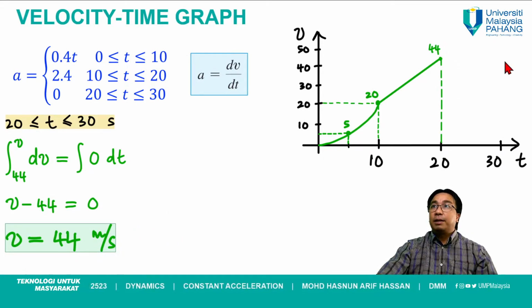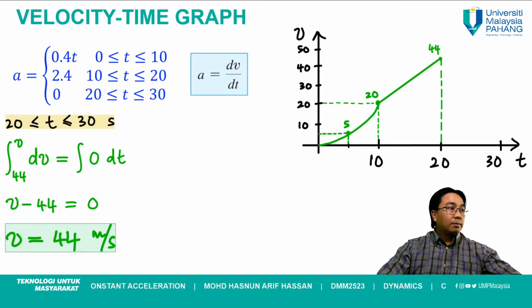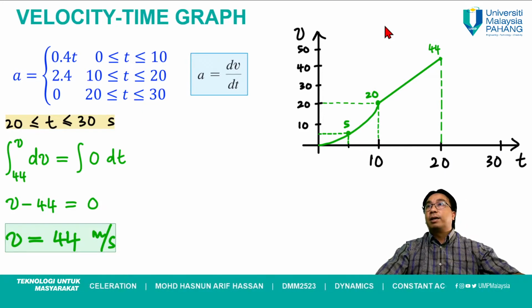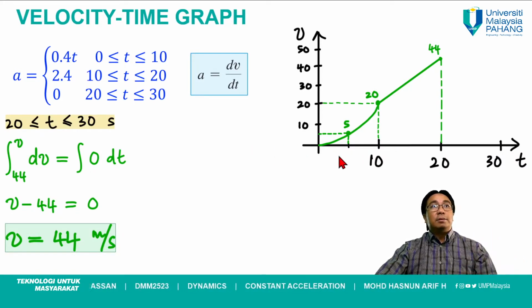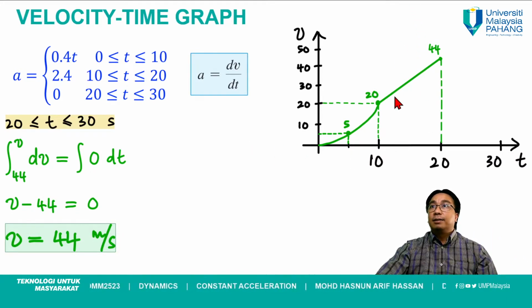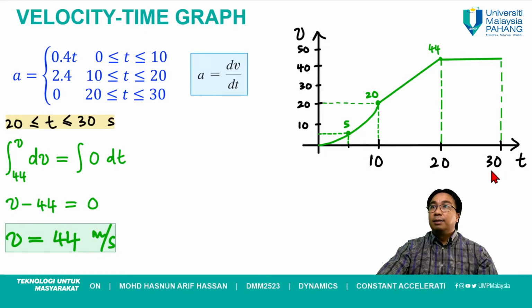Alright, macam mana kita nak lukis dalam graf v equals to 44 meter per second? It is just simply a straight line lah. So, you akan dapat satu straight line v equals to 44 from 20 seconds until 30 seconds.